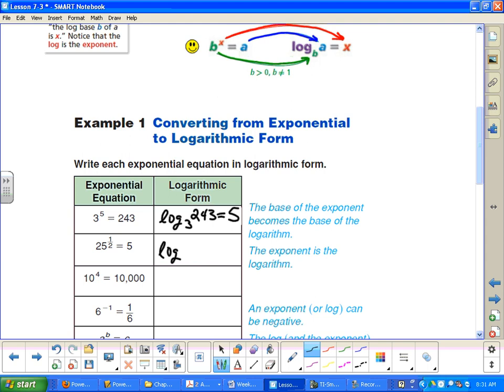The base is 25, so that's a subscript of 5, is equal to the exponent of 1/2. This one we just did in the exercise. This would be the log base 10 of 10,000 equals 4.